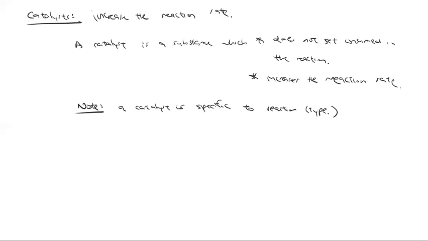Now, what might be worth considering is, scientifically, how do catalysts do this? We've said a catalyst is something that increases reaction rate, and you can come up with examples.